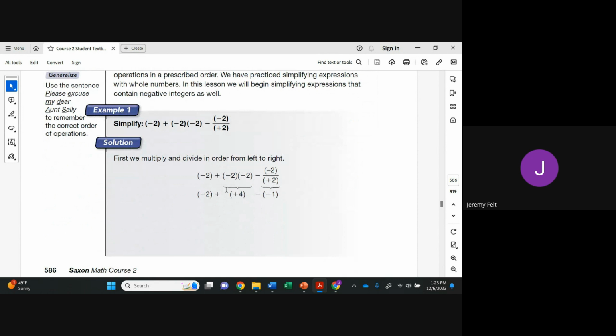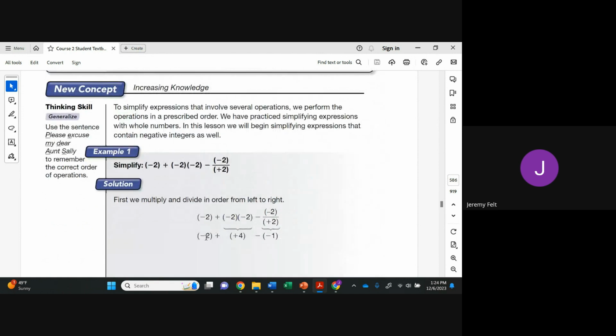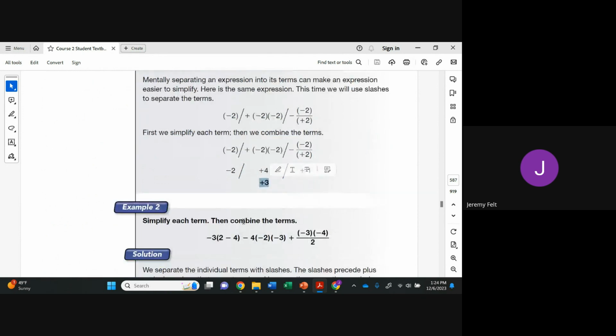So -2, again, plus 4. That just looks weird, and if you do this in your calculator, it'll give you an error message because we don't run signs right next to each other. But either way, -2 plus 4 is +2, plus 1 or minus -1. 2 plus 1 is 3. So it's 3, or +3.